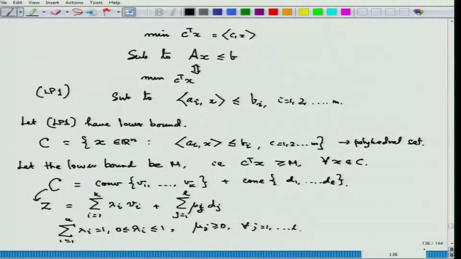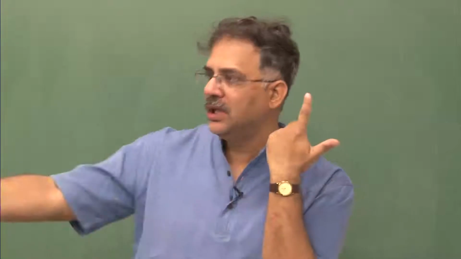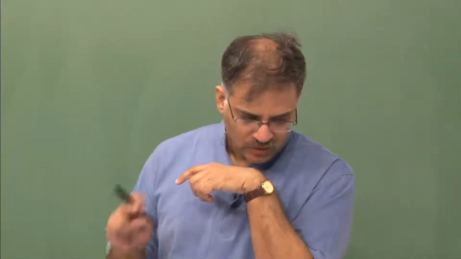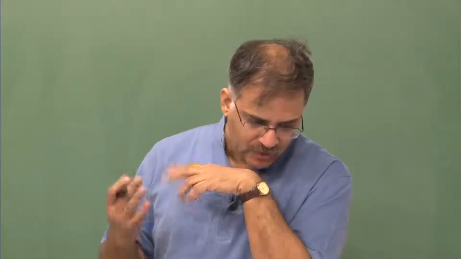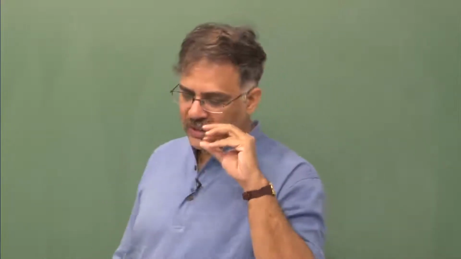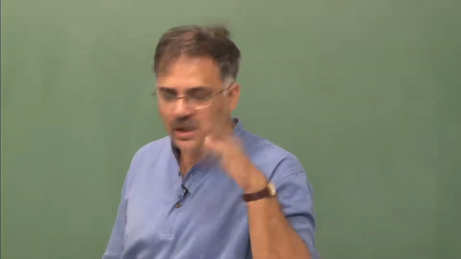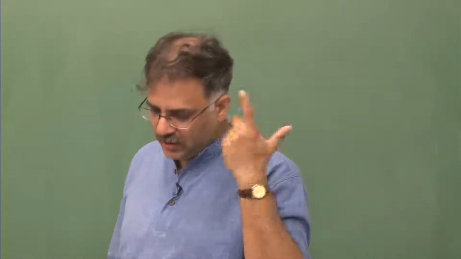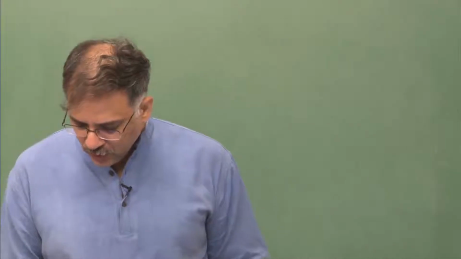Now, what would happen? Suppose I take lambda 1 equal to 1 and put all the other lambdas to be 0, and I take some j, and corresponding to that j put mu_j as some number and put all the other mu_j's to be 0. Then what can I conclude?